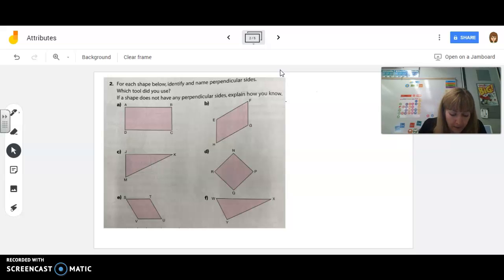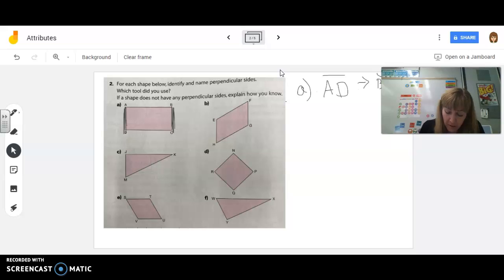So on number A, side AD, and I'm going to put a little line segment above it, is perpendicular to, oh, I just did parallel. So that is parallel to side BC.